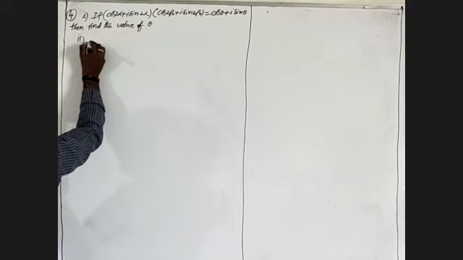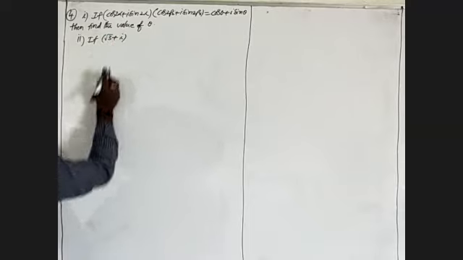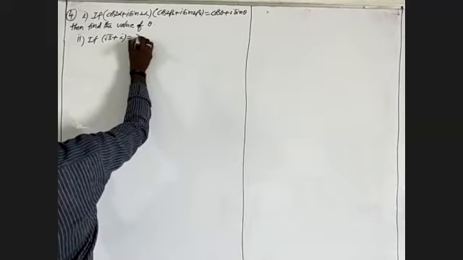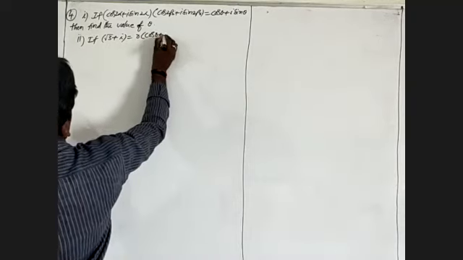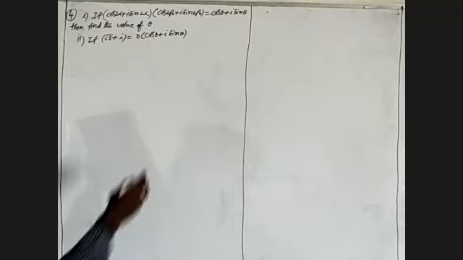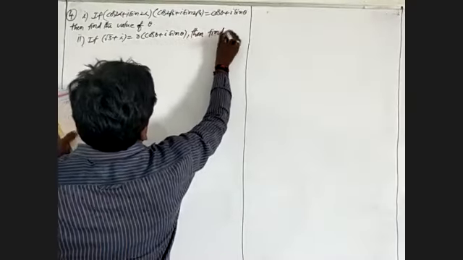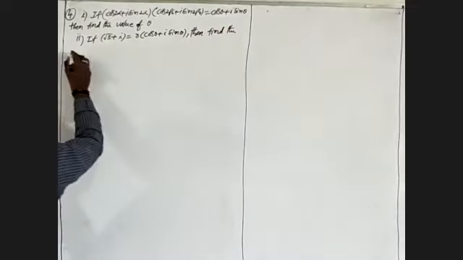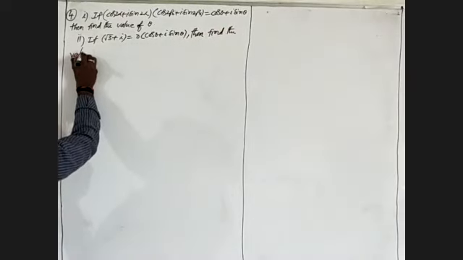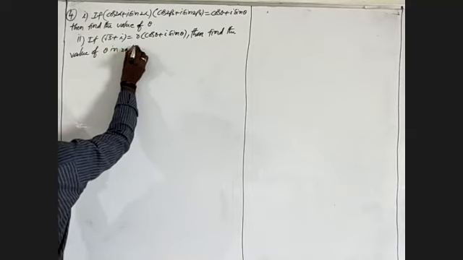The second one is, if root 3 plus i is equal to r into cos theta plus i sin theta, then find the value of theta in radian measure.